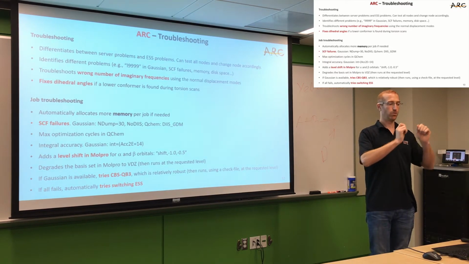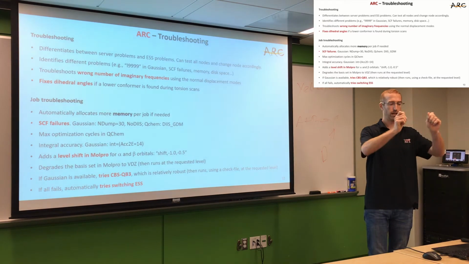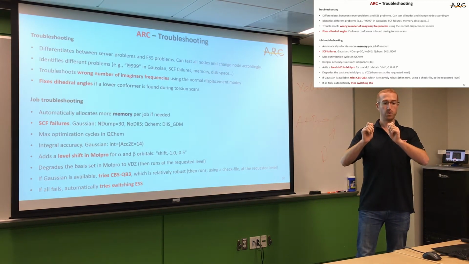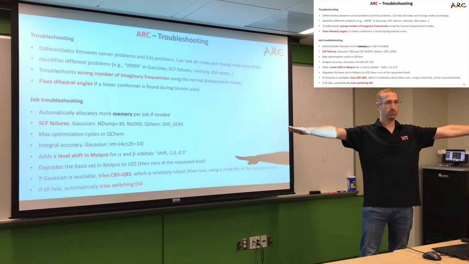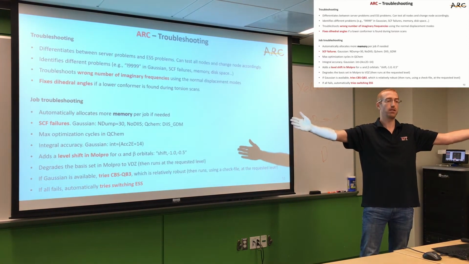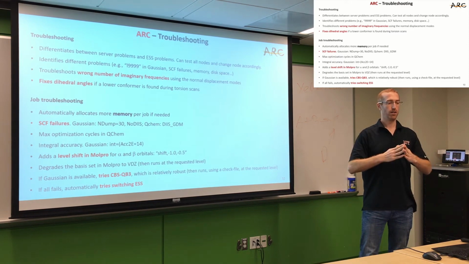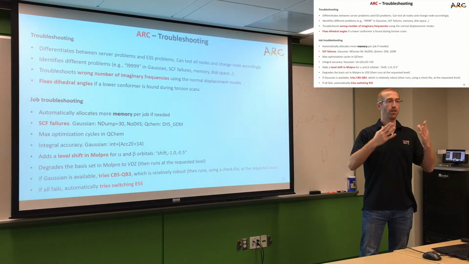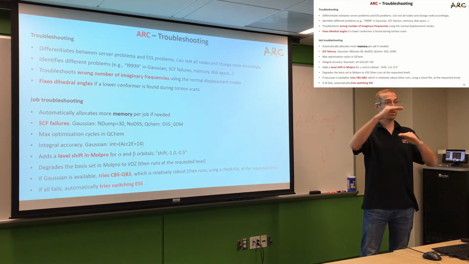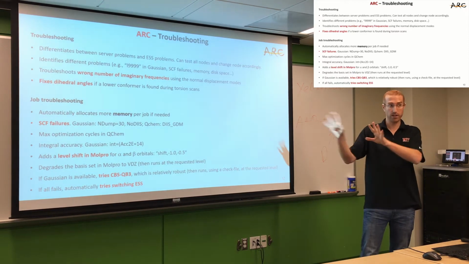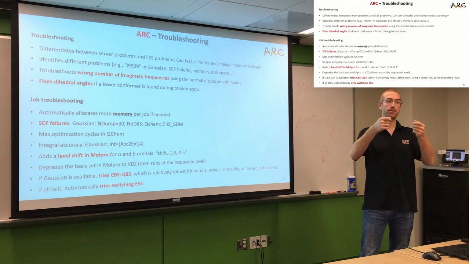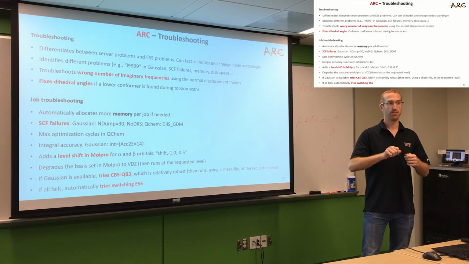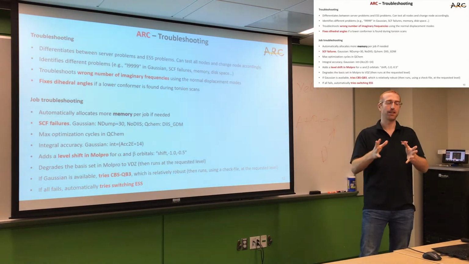So we'll do growing string method, nudged elastic band, and we'll see what KinBot tells us, what AutoTST tells us, just everything we can do, because getting a TS is very challenging, and we'll try to hit it with all hammers simultaneously. Then we have several TSs. Some are correct, some aren't. So we'll run IRCs for all of them, currently not implemented. Then see which one is the lowest in energy, and IRC makes sense, and use that. Right, so it's nice to talk about it. We don't have code for that, but that's the idea.